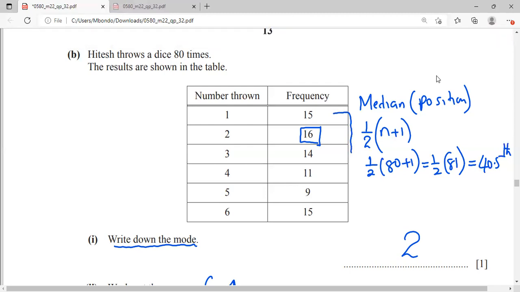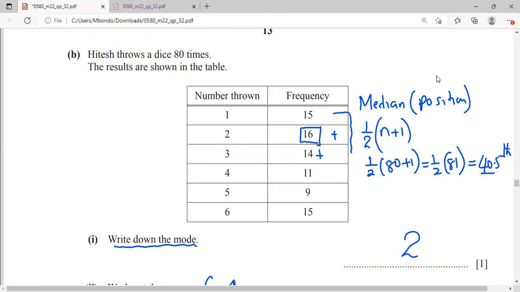We add 15 to this 16 here. What do we get? We get 31, isn't it? Then on 31, when we add this 14, we get 45. You get my point? We're going to get 45.